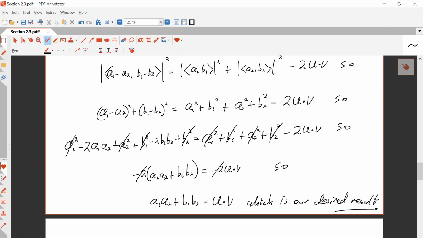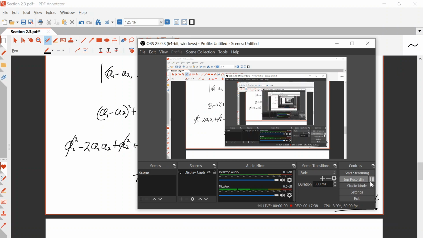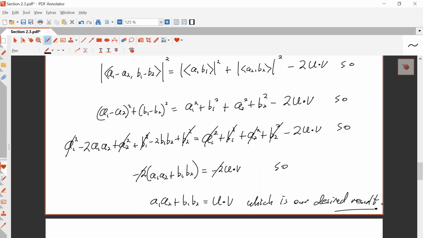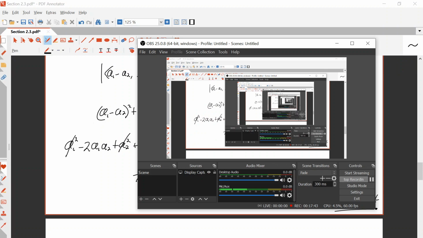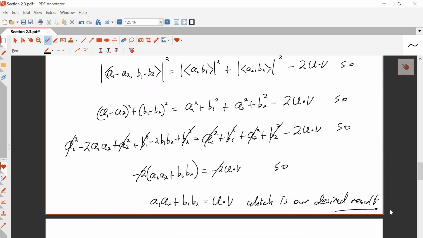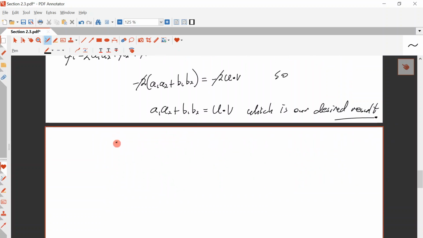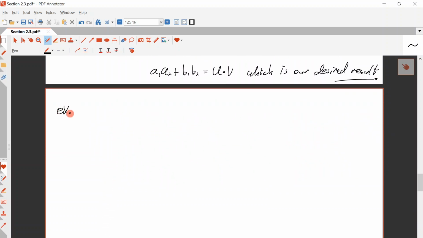Done. Okay, so let's take an example. Let U equal (1, negative 1, 0) and V equal (2, 3, 2).